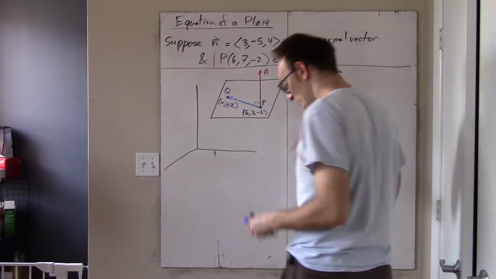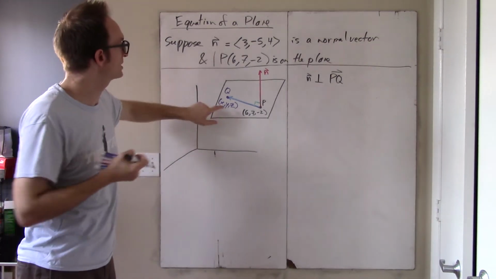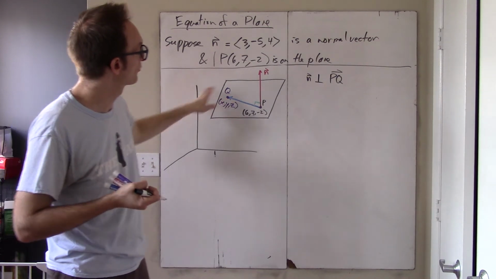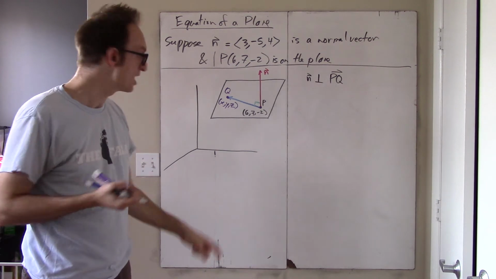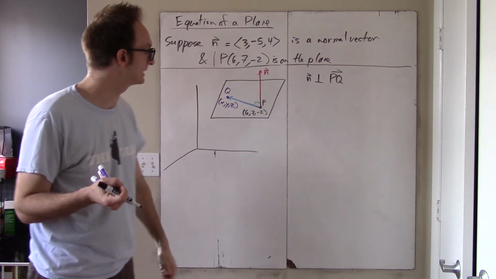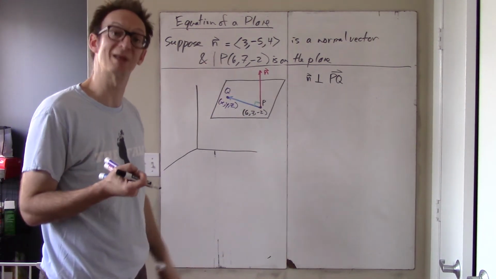And just to be clear, that's true for every Q. I want you to use your imagination and let this point Q roam freely all through the plane in all different places. No matter where that point Q goes, as long as it stays in the plane, it will always be true that vector PQ is perpendicular to the normal vector n.